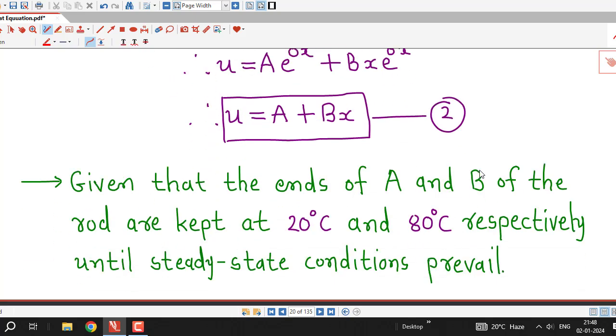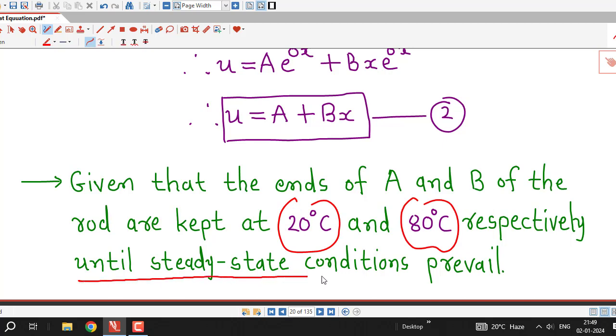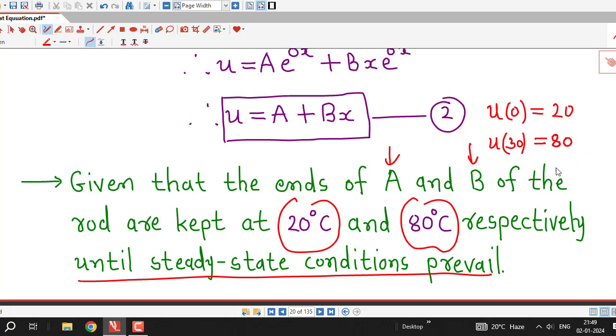Now it is given that ends A and B of the rod are kept at 20 degree Celsius and 80 degree Celsius respectively until steady state conditions prevail. That is, when x equal to 0 at point A, u is 20, and when x equal to 30, at end point B, the value of u remains 80.